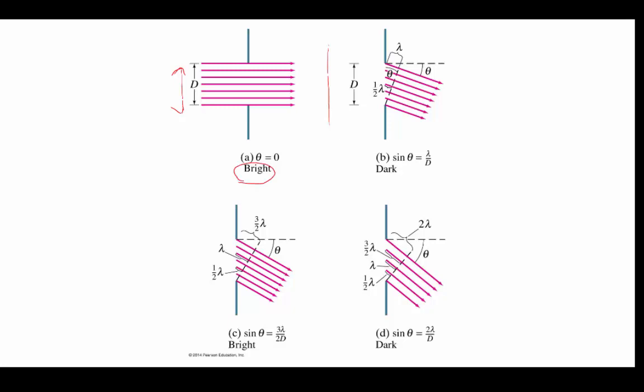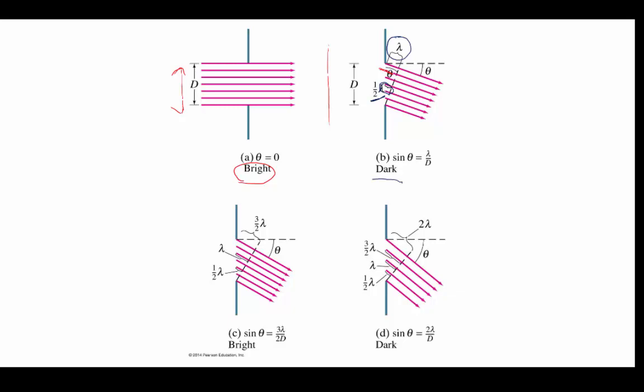But if the light comes in at a slight angle theta, there will be a difference in distances that the wavefronts have to travel before getting to the screen, so that the top waves here, as shown, would have an extra lambda to travel, whereas the middle waves might have an extra half lambda, and the bottom waves would still have the regular distance to travel. So at this point, you would end up with a dark spot.